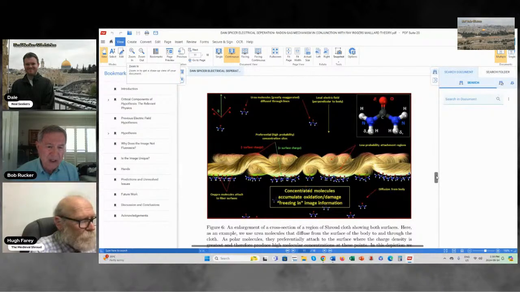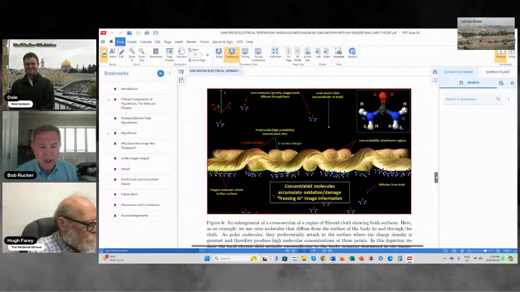Now, there's several problems to this. So the bottom cloth, this might be the top cloth, but in the same process, the bottom cloth would be repelling these molecules. So you need to have an electric field that's oscillating to create this. And that's not a lightning strike or an earthquake. So I don't know really how he's going to accomplish this. There's just too many problems in this.